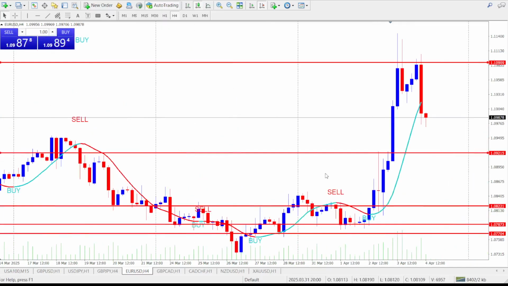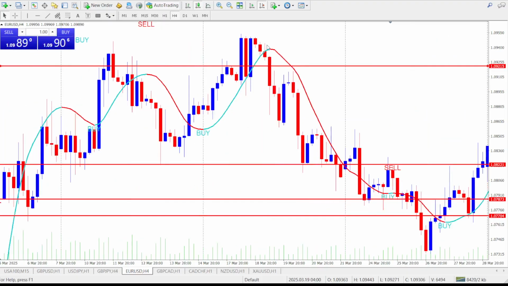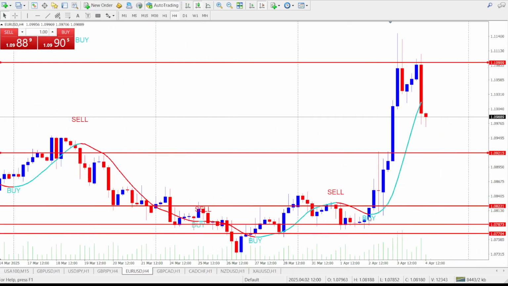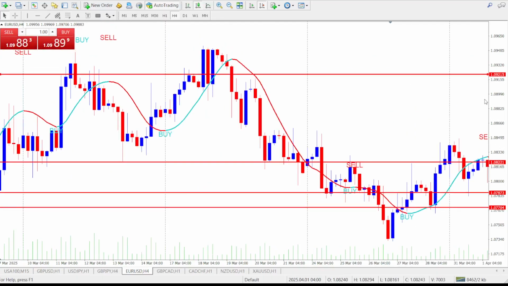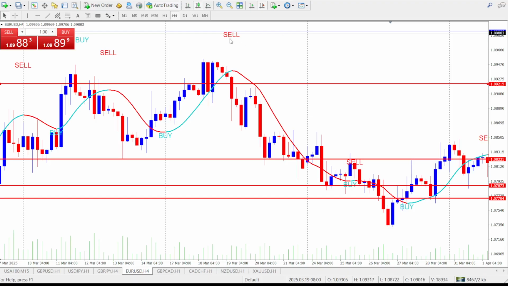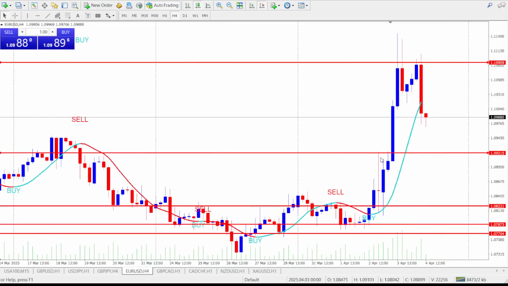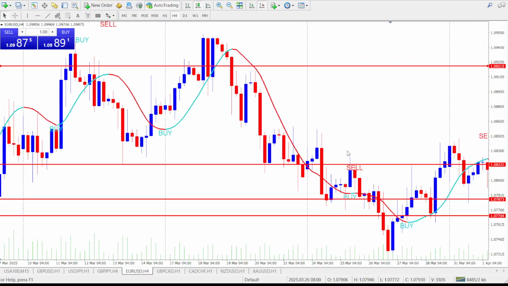Then you wait for the price to close above the dynamic line for a clear buy entry signal, or you wait for the price to close below the dynamic line for a sell entry signal, below for a sell, above for a buy. Then the text informer system will confirm whether it's a buy or a sell signal. The text informer is going to tell you whether it's time to sell or whether it's time to buy. Once confirmed, you are ready to enter the market in the direction of the trend.